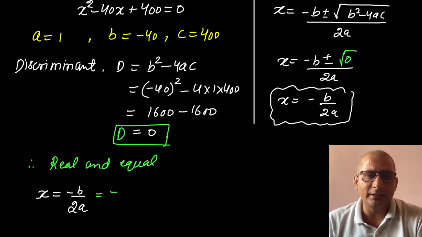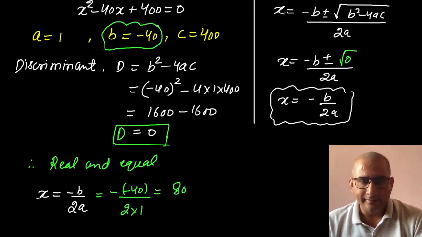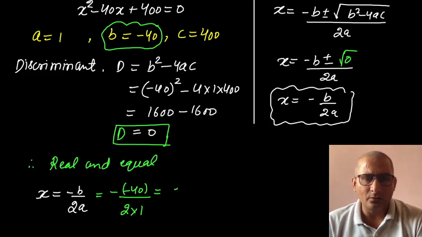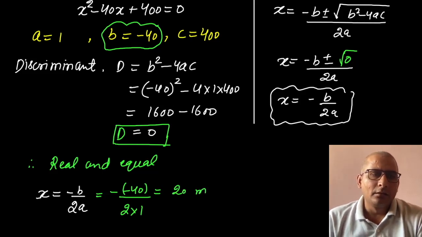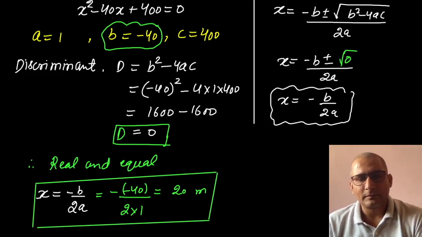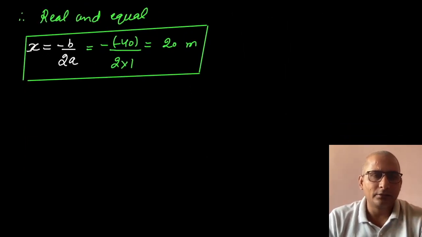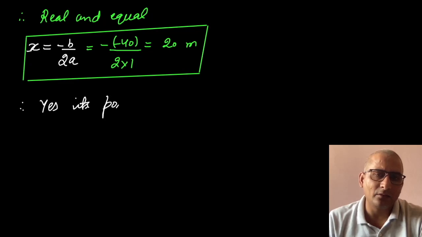So what is b here in this case? It's minus 40. So put it here, minus of minus 40 upon 2 into A. A is 1, तो ये आएगा 80 upon 2, cancel होगा तो ये आएगा 20. So x की value आ रही है 20. ठीक है जी. So possible भी है, and so therefore yes it's possible.